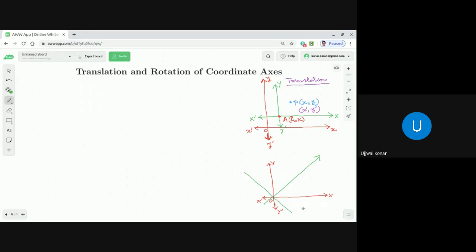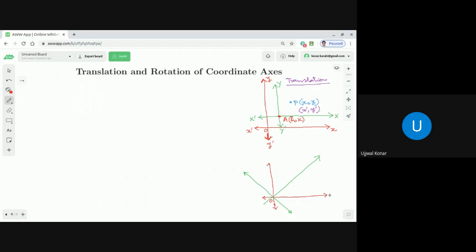Okay, so this is my new y-axis. So as I did in the previous case also, let me write that previous axis as lowercase, and the new will be defined as uppercase. So that is lowercase x o x dash. Sorry, let me use a different color.